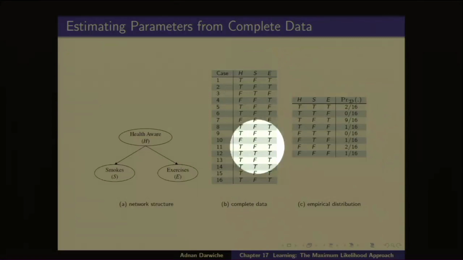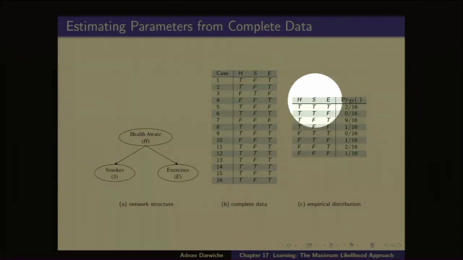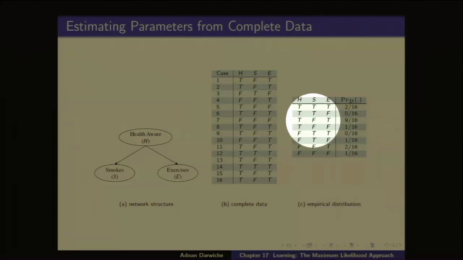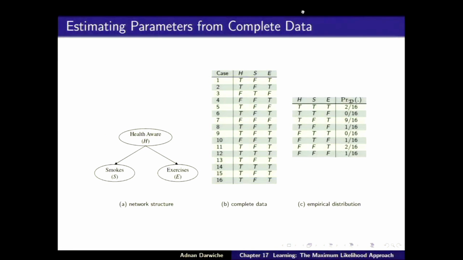Just count how many times that row appears here: 2 out of 16. If you look at the last one, everything is false. It appeared only once out of 16. The most common one is the third one: someone who's health aware, doesn't smoke, and exercises. That's a good population. I have 9 out of 16 instances in the data set that look like this. Okay, so this is the empirical distribution.